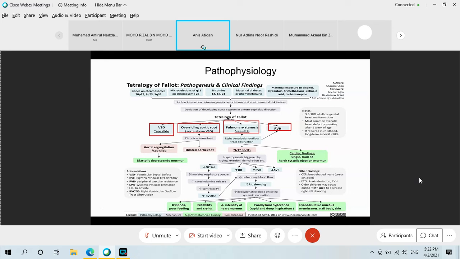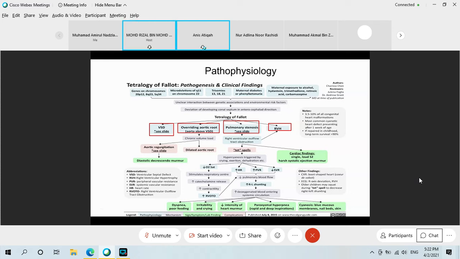Also, due to the overriding aorta and ventricular septal defect, the deoxygenated blood from the right ventricle will be shunted to the aorta. So it will cause a right to left shunt, and the deoxygenated blood from the right ventricle will mix with the oxygenated blood from the left ventricle.